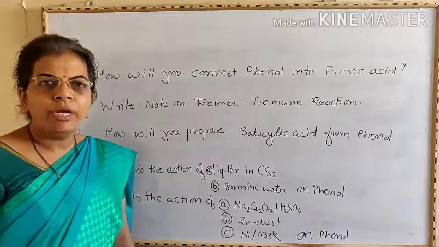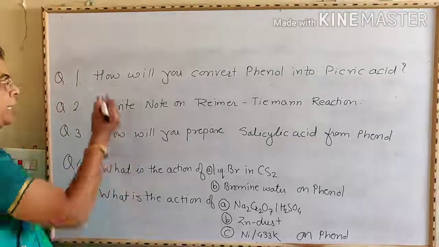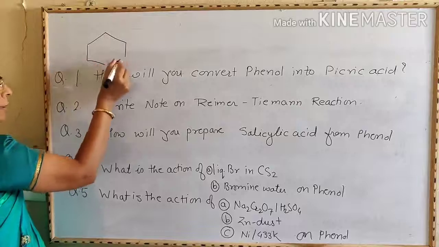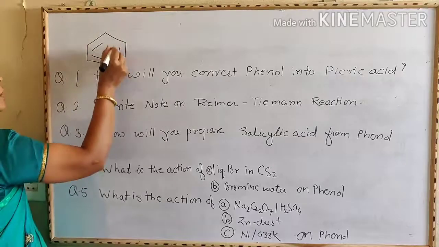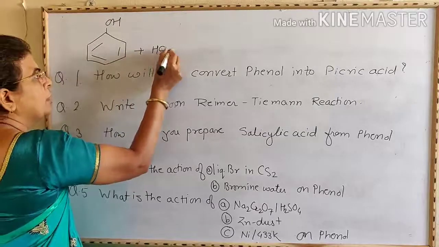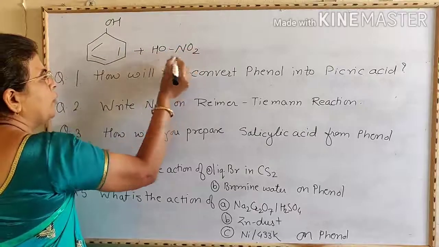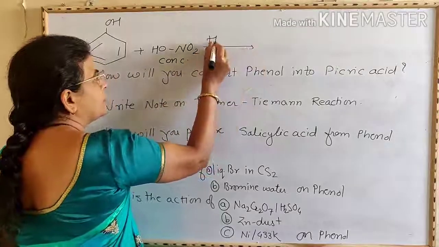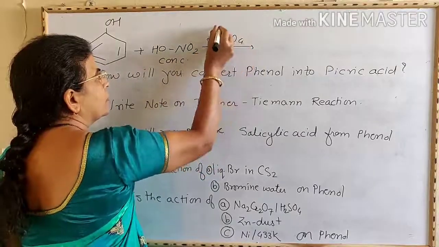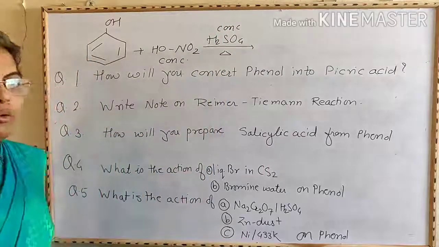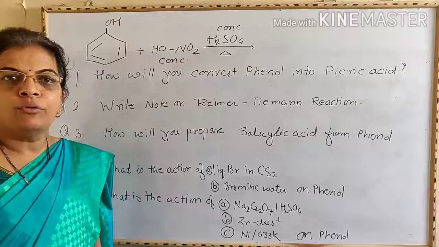Now here, when phenol is treated with nitrating mixture, that is a mixture of concentrated nitric acid and concentrated sulfuric acid, then formation of 2,4,6 trinitrophenol takes place.